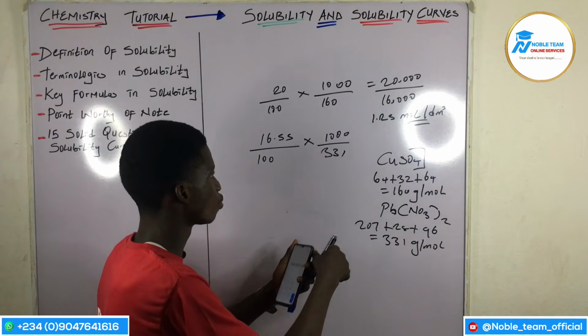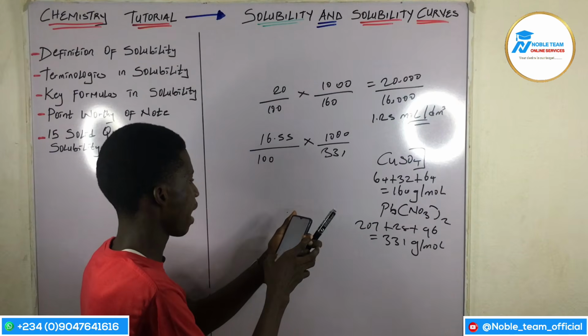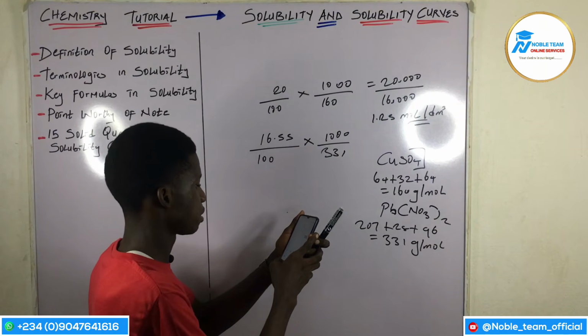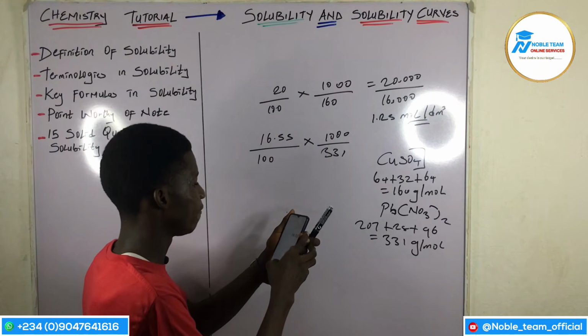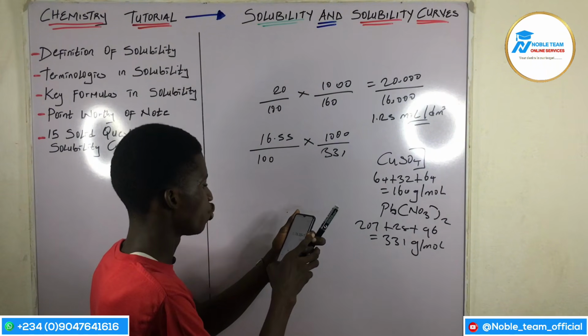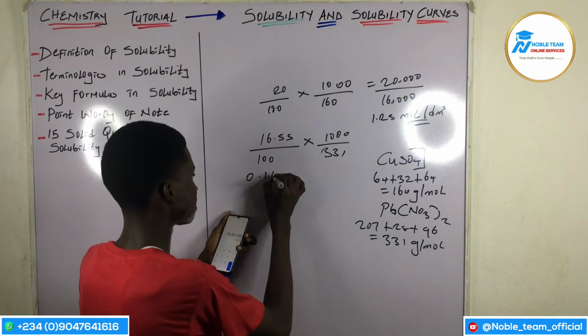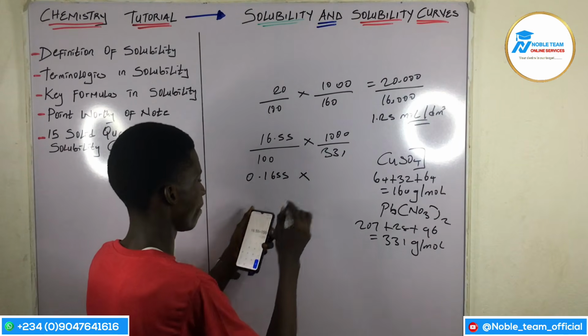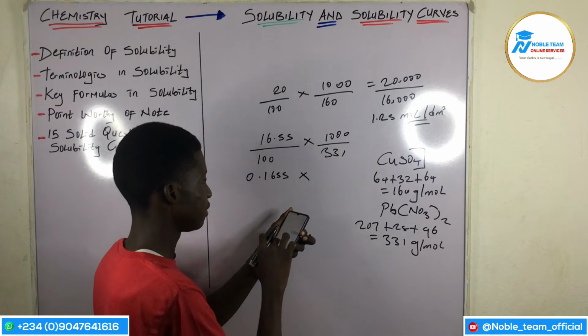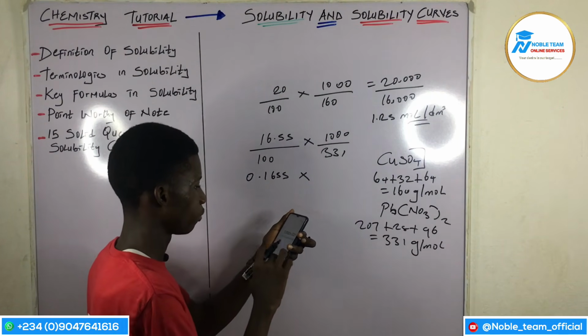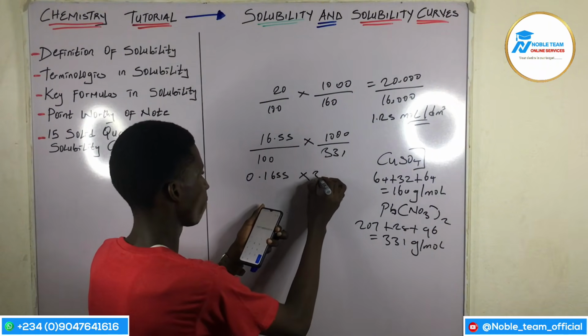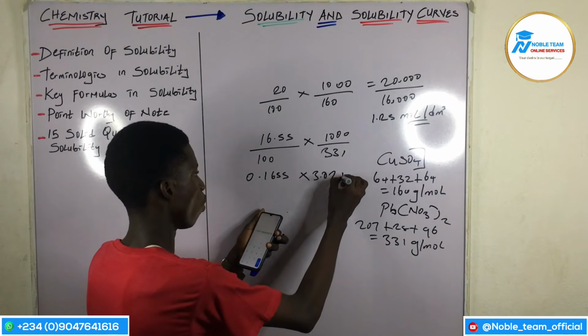Now, the next step is to do our normal substitution. 16.55 divided by 100 gives 0.1655, multiplied by 1000 divided by 331. I have 3.021.